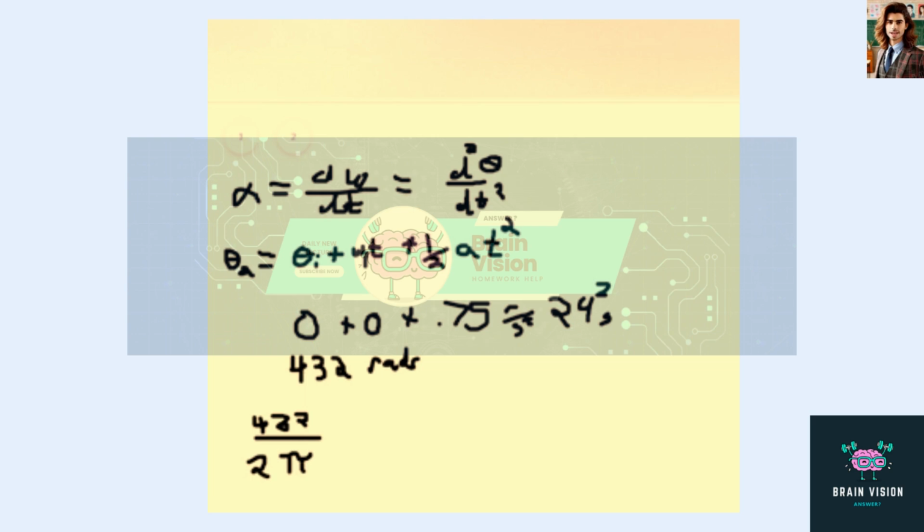In our problem we only need 3 significant figures, so we don't have to use a super accurate version of pi. When we divide this out, we get 68.8 revolutions.